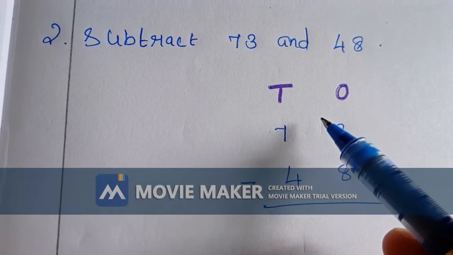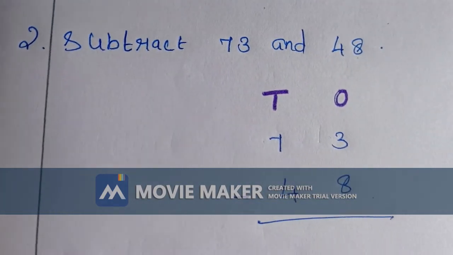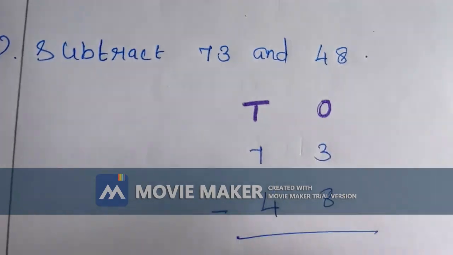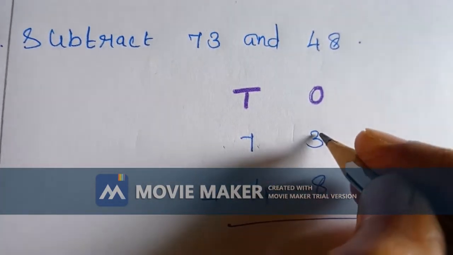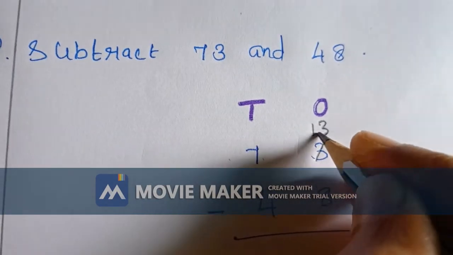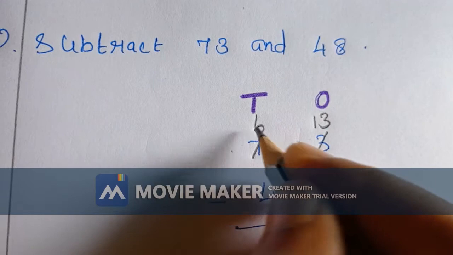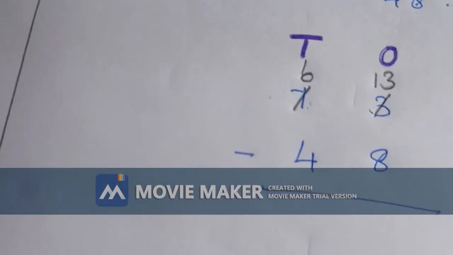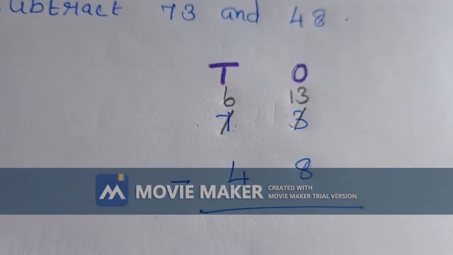You have to borrow from the tens place. How much do you want to borrow? Only 1 ten. If you borrow 1 from tens, here you get 13, and here you get 6. That means you have to subtract 1 from 7, so you get 6.